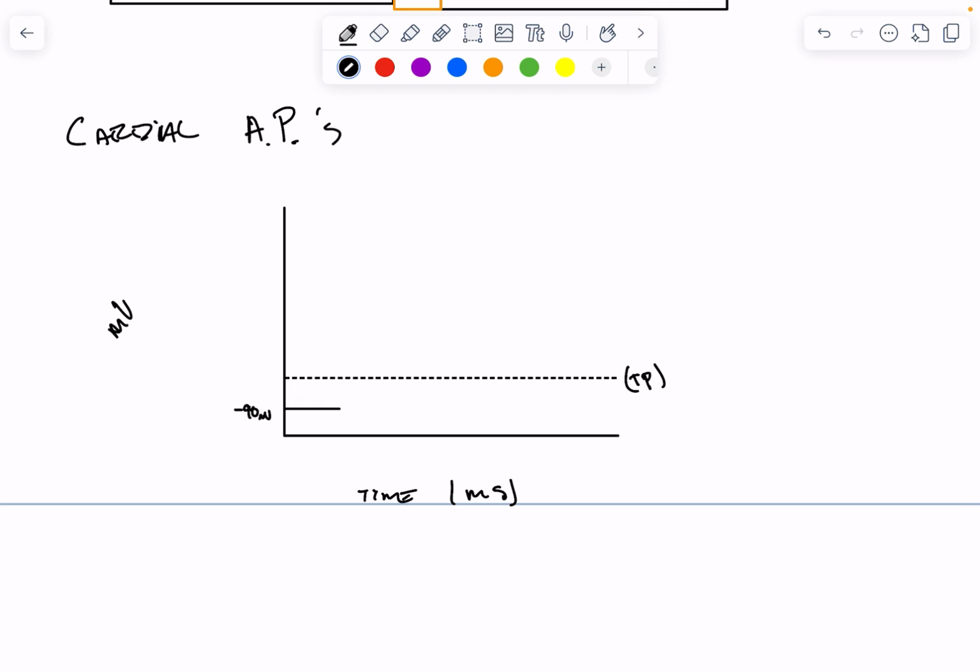You're going to have a little line that goes like this, and then it's going to shoot up extremely quickly to about here. We'll say this is positive 20 millivolts. And then you're going to see this slight dip, and it's going to kind of plateau and then drop like this.